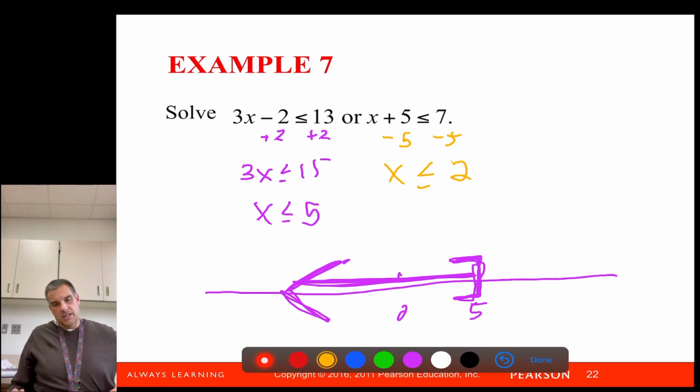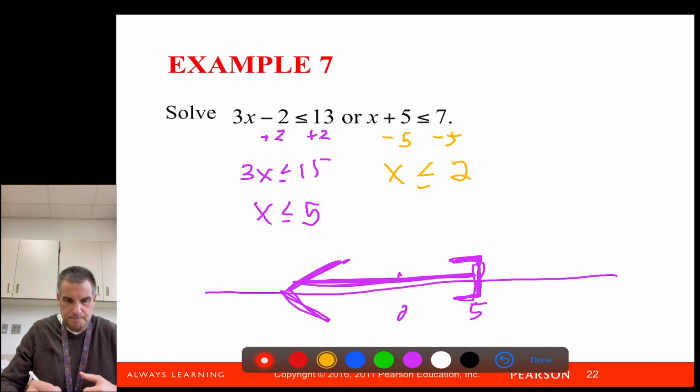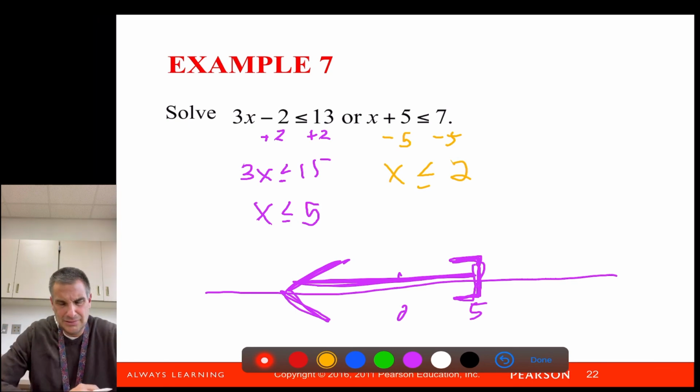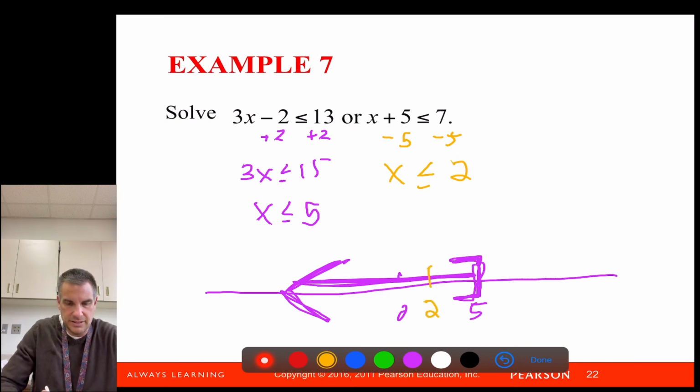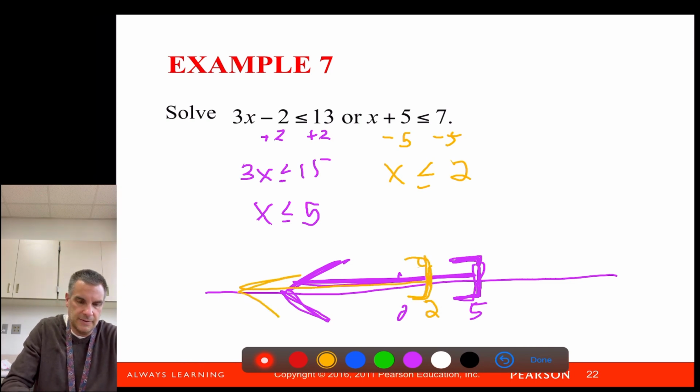So this is going to be one of those that defies the general rule of ors going away from each other. Again, it happens every once in a while. Most of the time, your ors are going to go away from each other. In this case, they're not going to, so you've got to be a little bit careful. You've got 2, and it's going to be less than it, so it's this direction.